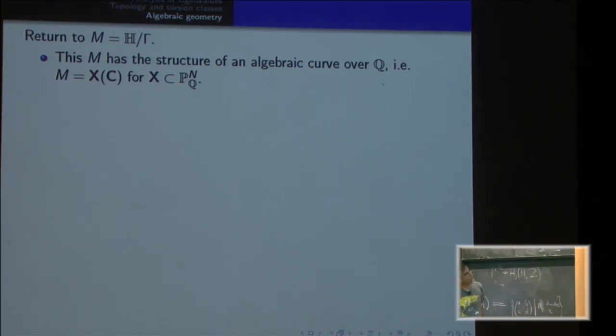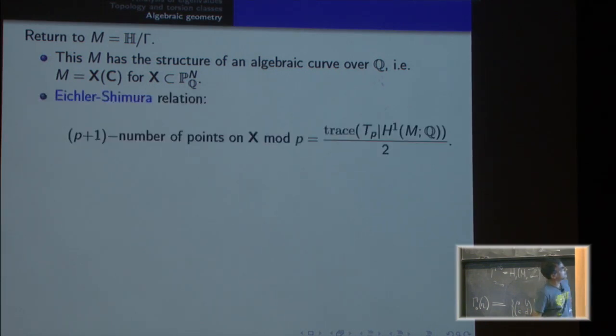And the starting point of the whole, at least from my point of view, the starting point of the Langlands program is a theorem of Eichler and Shimura, which says that this algebraic structure of this thing has something to do with Hecke operators. So I'll state some form of this theorem from the 1950s.